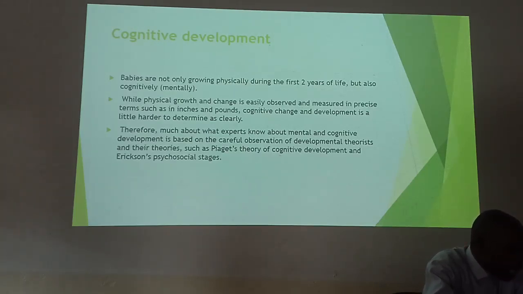Therefore, much of what experts know about mental and cognitive development is based on the careful observation of developmental theorists and their theories, such as Piaget's theory of cognitive development and Erikson's psychosocial stages of development. Remember Piaget? He developed what we call 4 stages of development. Erikson, how many stages? 8 stages of development.